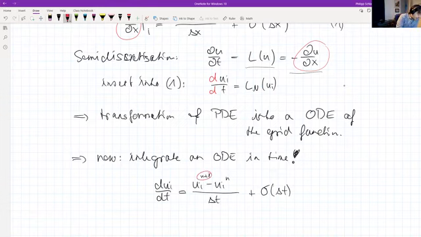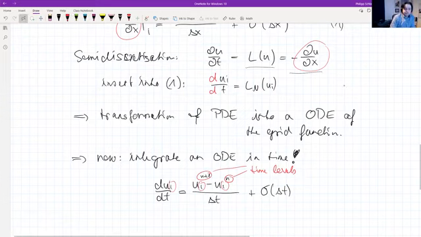Now, the important thing here is that I have two superscripts, and this corresponds to the two different time levels. But of course, I'm using the same spatial position, so the i as the subscript is the same for the three quantities.